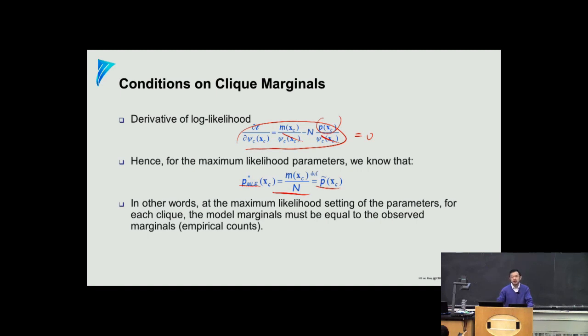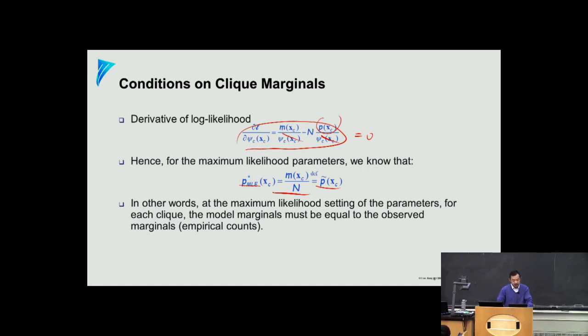Okay, that's not surprising, right? We know that in a Bayesian network or in mainstream maximum likelihood estimation, the mean parameters or first order moments are equivalent to the sample statistic average, something like that. And therefore, you get this fact out of it.